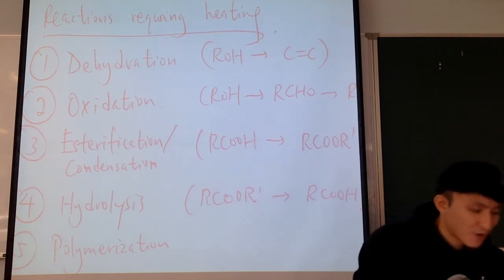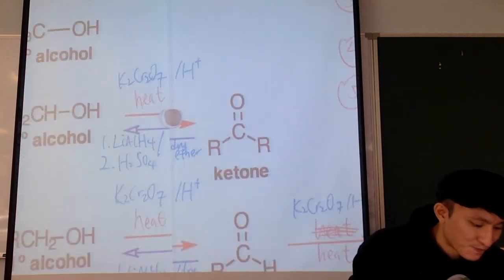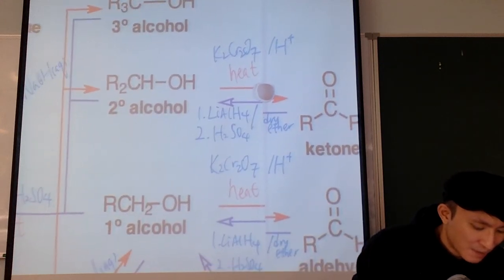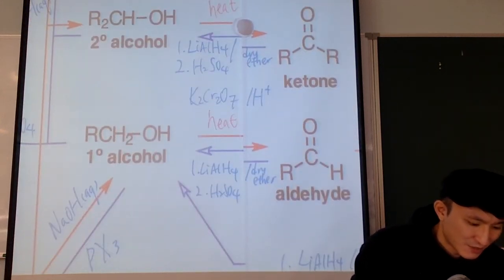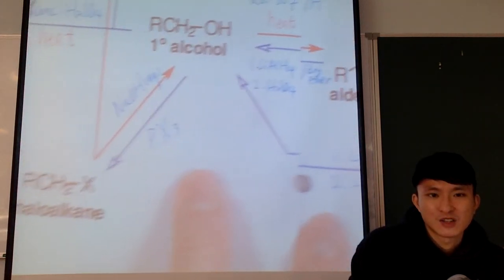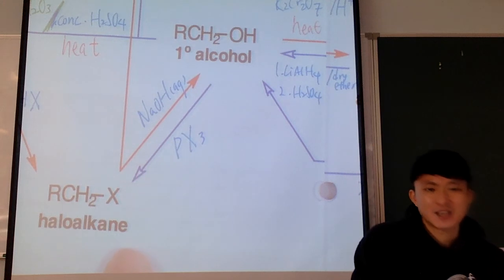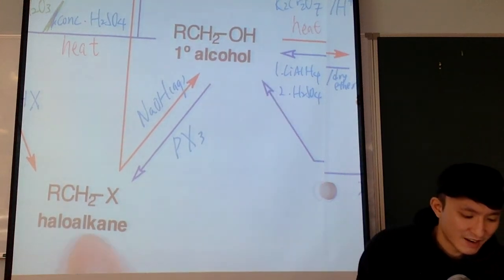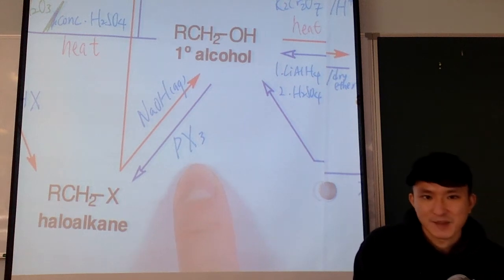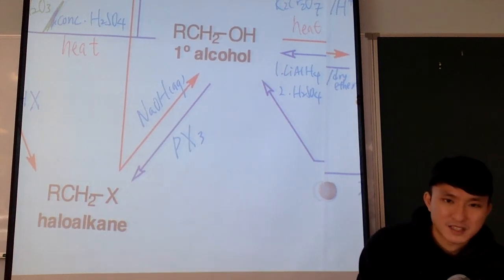So, for example, if you try to do a substitution reaction, okay, for alcohol to haloalkane, you don't have to specify heating, right? So what if you put down heat?